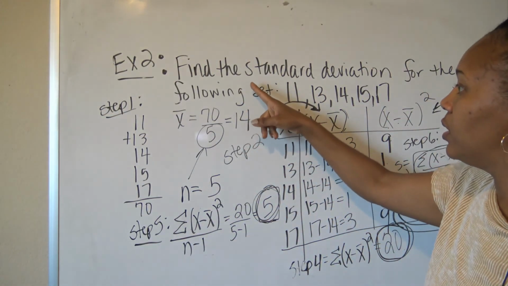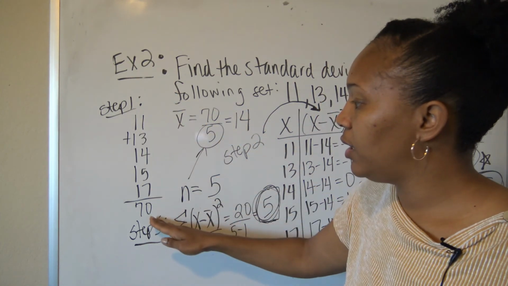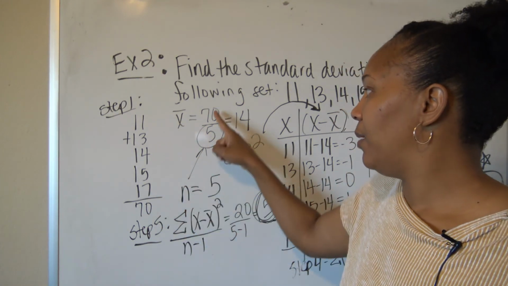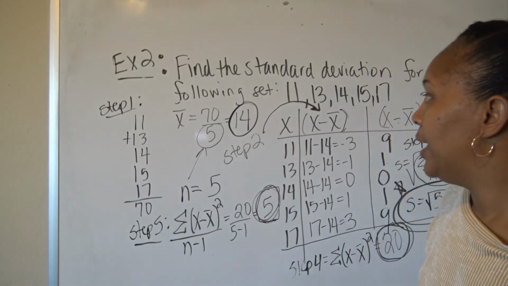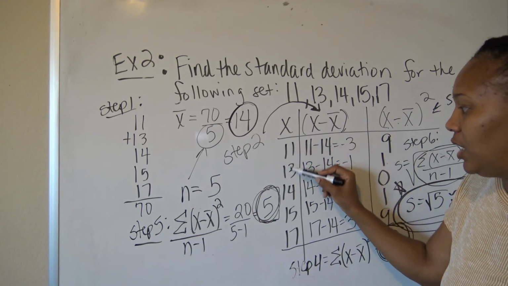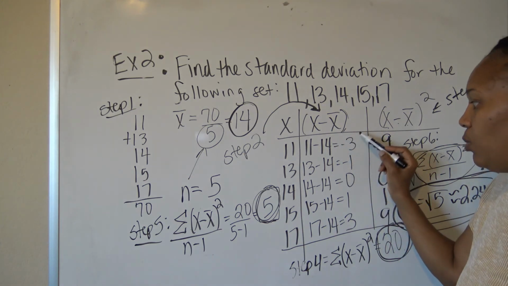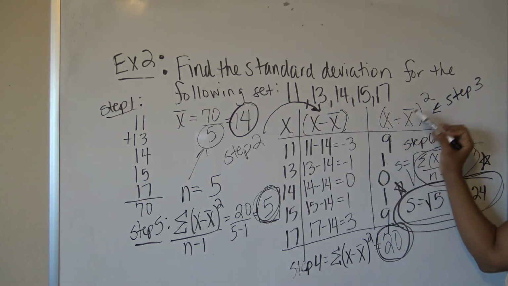So just to kind of recap what we did, for step 1, we found the mean of the data set. We found that by adding the numbers up and dividing it by the number of numbers. So that's where we got the 14, the X bar. Step 2 was we had to take each data value and subtract the 14 from it. So we did X minus X bar and we got these values. For step 3, we had to square each of those values.